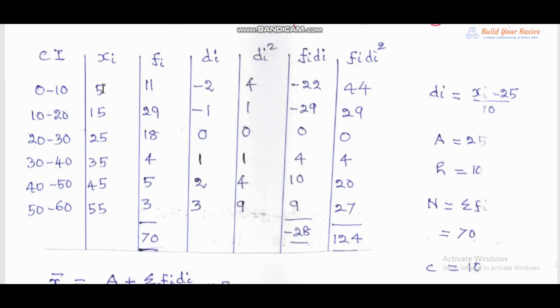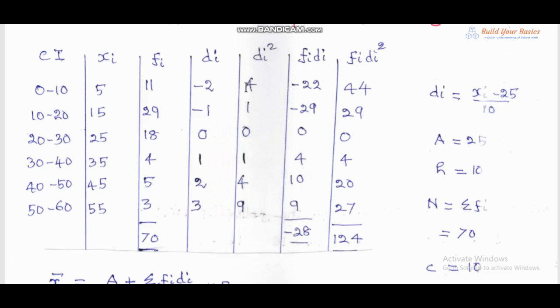So 5 minus 25 divided by 10 is minus 2. 15 minus 25 divided by 10 is minus 1. 25 minus 25 divided by 10 is 0. 35 minus 25 divided by 10 is 1. 45 minus 25 divided by 10 is 2. 55 minus 25 divided by 10 is 3. Then di squared: minus 2 whole squared is 4, minus 1 whole squared is 1, 0 squared is 0, 1 squared is 1, 2 squared is 4, 3 squared is 9.